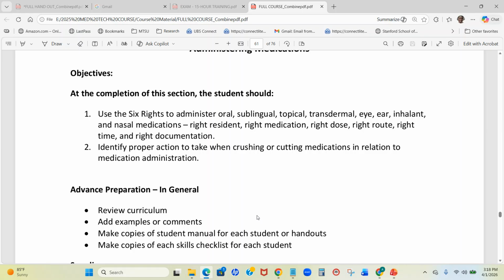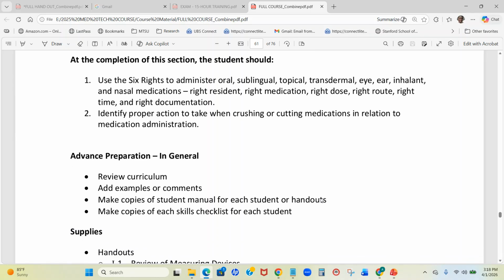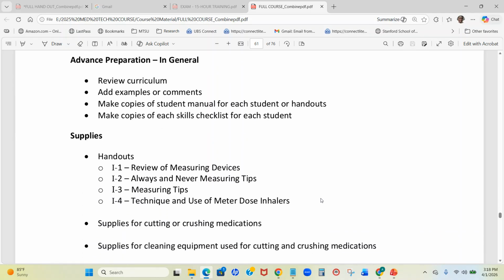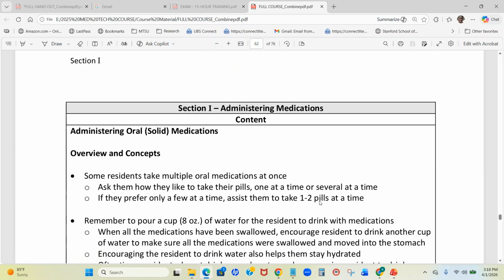Identify proper action to take when crushing or cutting medication in relation to medication administration. You're going to see the supplies when we meet in the lab room, the skills session.